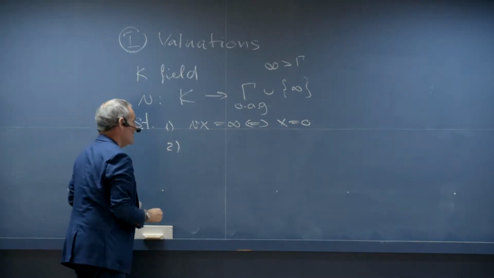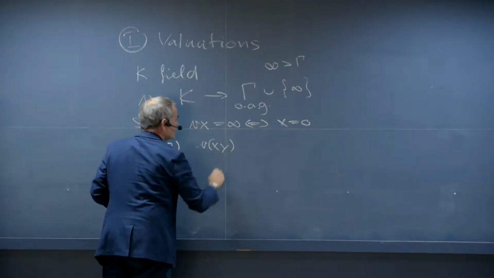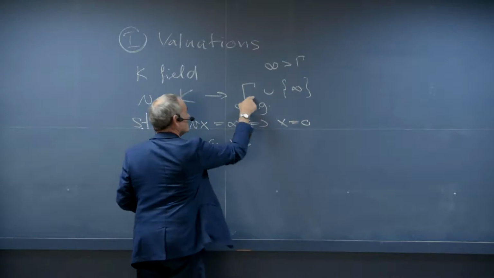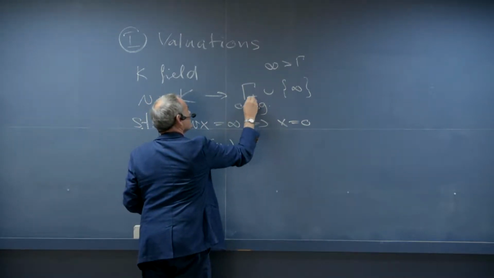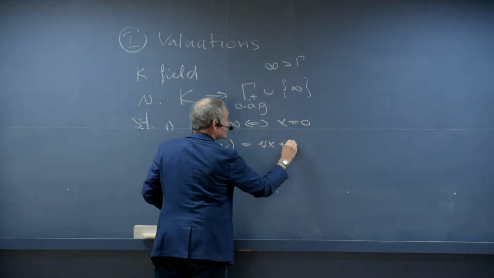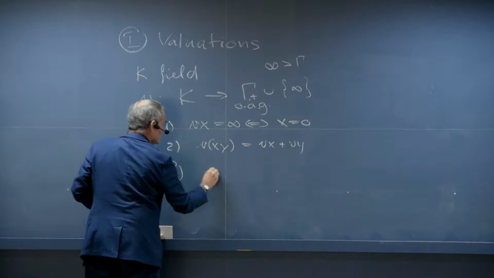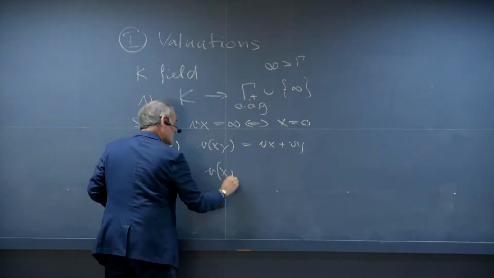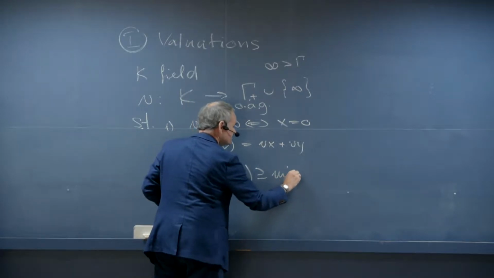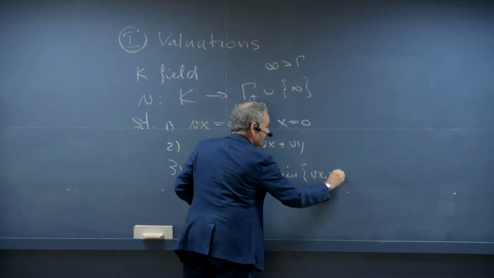Secondly, we have that v is a homomorphism from the multiplicative group to the group that is additively written, v of xy equals vx plus vy. And then what we call the algebraic triangle law, v of x plus y is bigger or equal to the minimum of v of x and v of y.